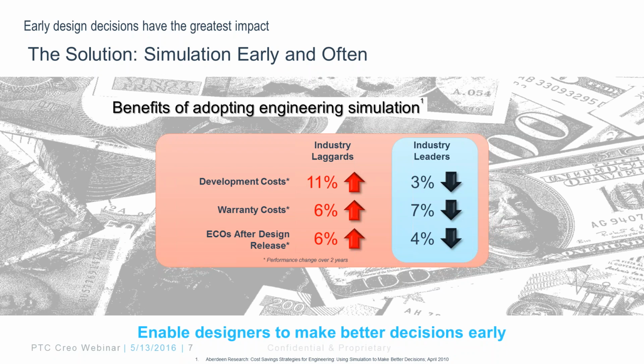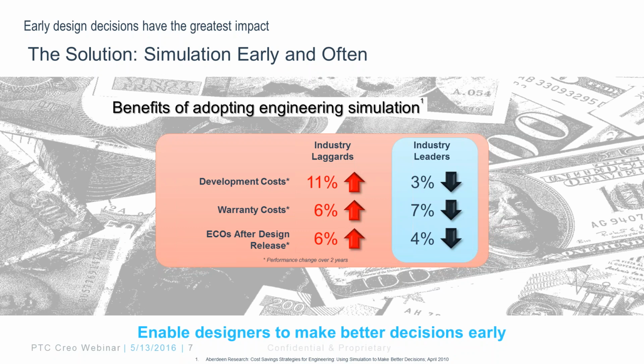Before I talk about those four tools on the simulation side or the analysis side, here's a quick slide from Aberdeen Research. You can see there are some metrics on the cost savings when you do simulation up front rather than after the design. So simulation is something that should be coupled along with your design process.